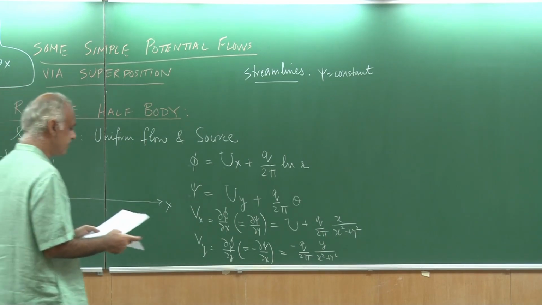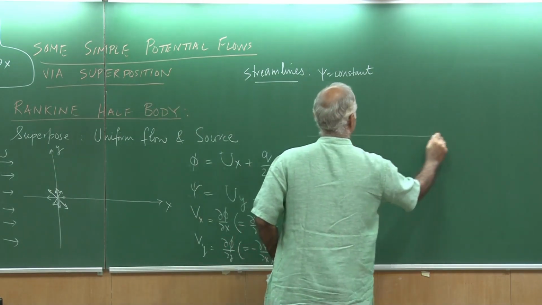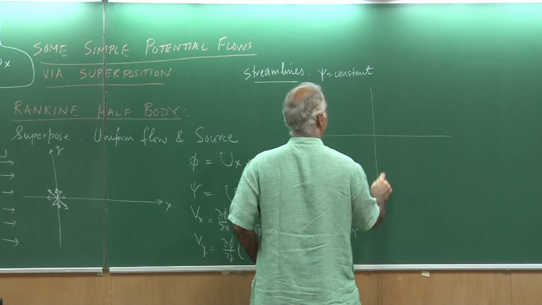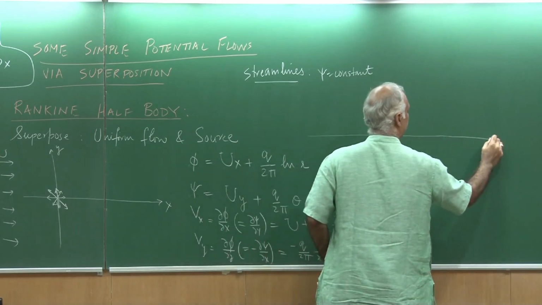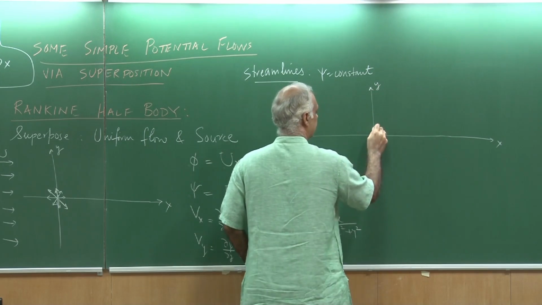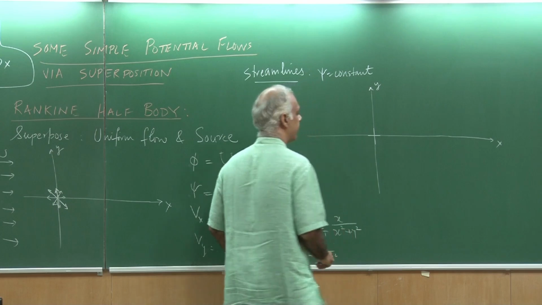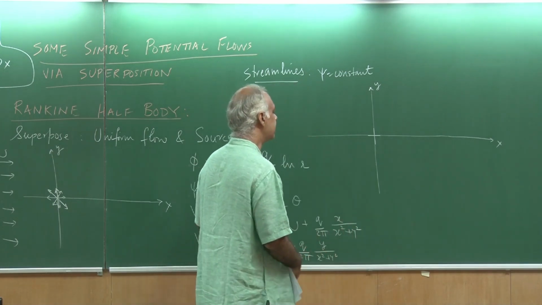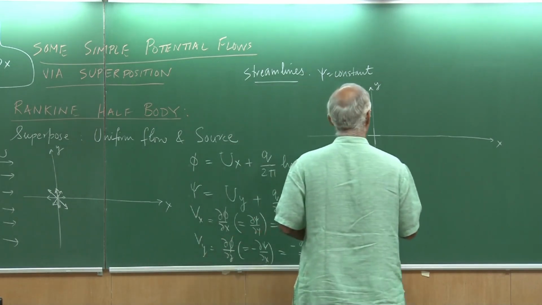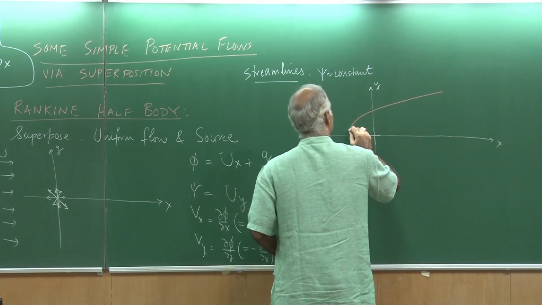Let me sketch them for you. So, this is my x axis and this is my y axis. This is where my source is. And what we will find is, so I will draw the streamlines for you and then explain you.